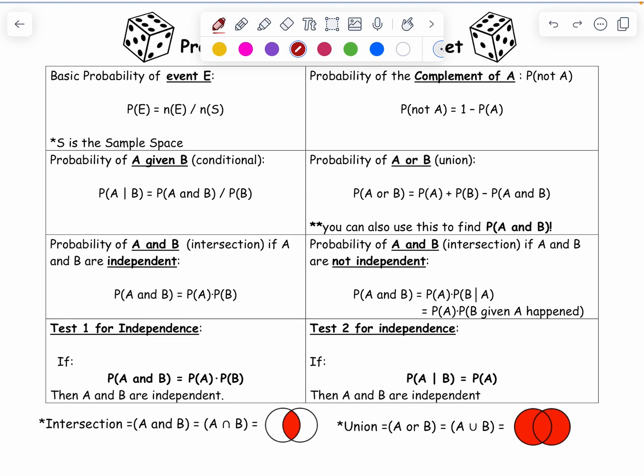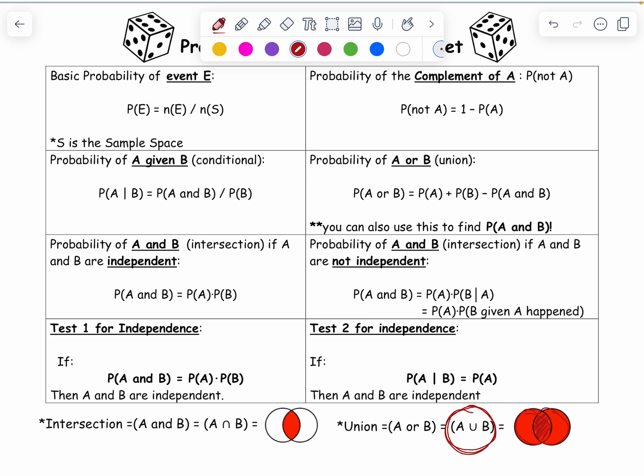So when we see an or, this symbol down here, A union B, the union symbol, we are going to add probability of A, which is one full circle, add probability of B, which is the second full circle, and then deduct anything that I have counted twice, aka the overlap. So this formula can be used to find A or B, or A union B, and we can actually solve a little bit to find A and B if necessary and if they've given you the right pieces.